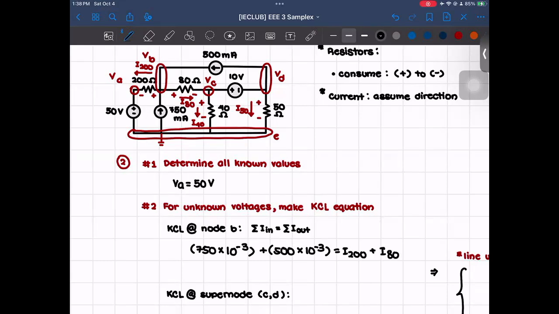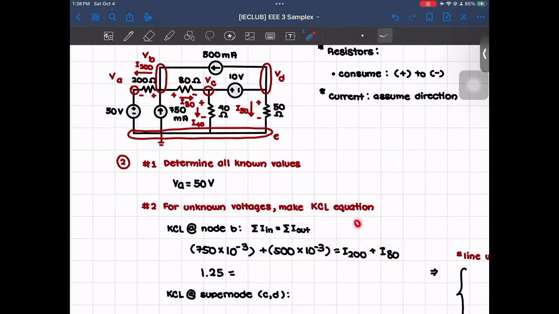If we add these two values, that would be equal to 1.25, and that's going to be equal to I200 plus I80.